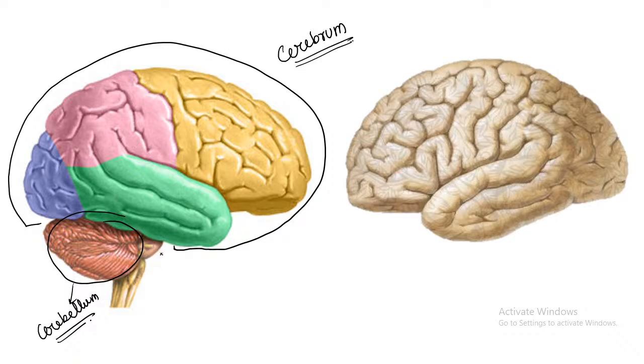And this hanging stem-like part that you can see over here is known as the brain stem. So whatever we can see from outside, we have a cerebrum, a cerebellum, and a brain stem.